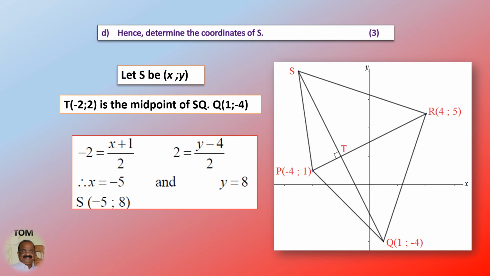Similarly, the y coordinate of T is 2. 2 must be equal to y minus 4 divided by 2. We get y equal to 8. So the coordinates of S are minus 5, 8.